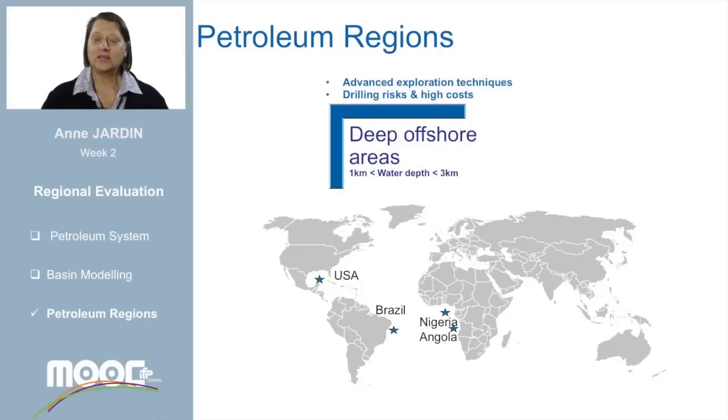Deep offshore zones with a water depth between 1 and 3 kilometers are more recently explored basins. The Gulf of Mexico and the Atlantic margin, like offshore Brazil and West Africa, are the most prolific deep offshore areas. Exploration inside these regions requires risky and costly techniques.